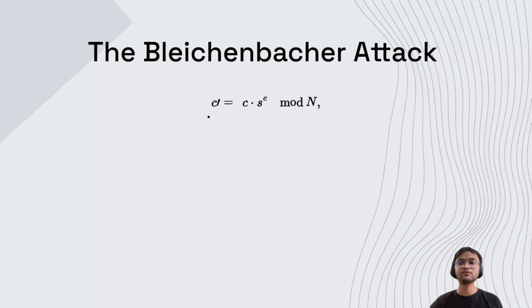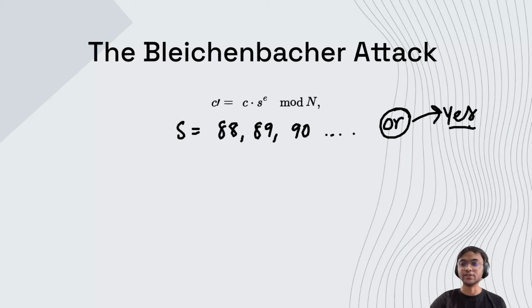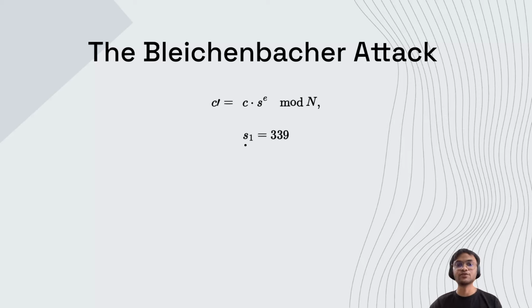They try various values of s, such as 88, 89, 90, and so on, until the oracle says valid, that is, the decrypted plain text lies in the given valid range. Now, after trying several values, suppose the attacker finds that the oracle responds valid for s equal to 339.